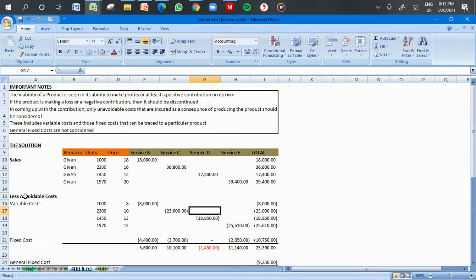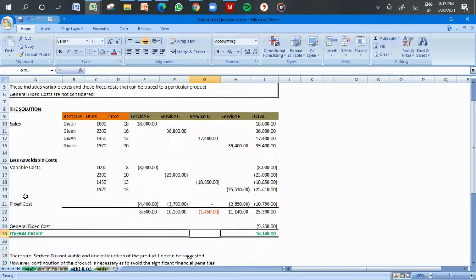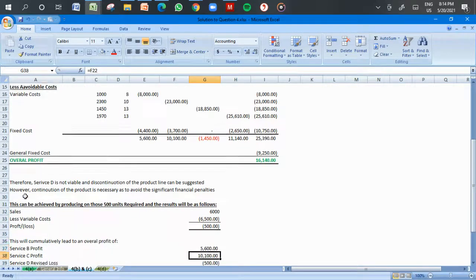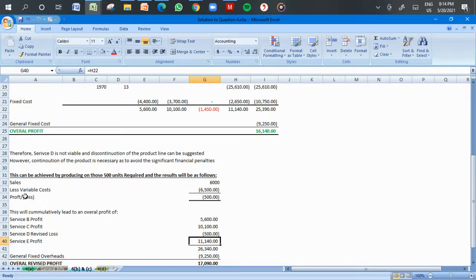It was found that the profit after taking into account avoidable costs was negative 1,450 for service D. So what was the recommendation after this evaluation? Therefore, service D is not viable and discontinuation of the product line can be suggested.